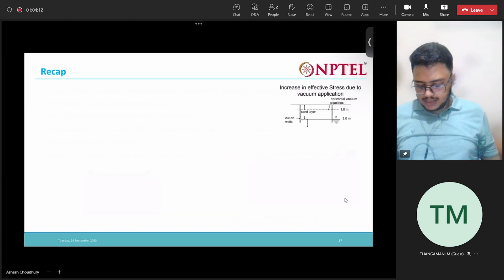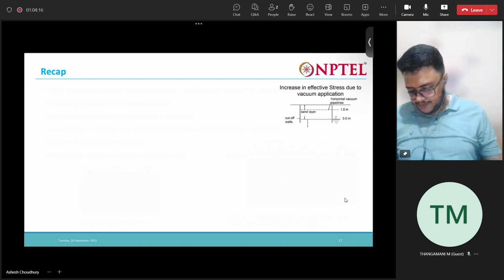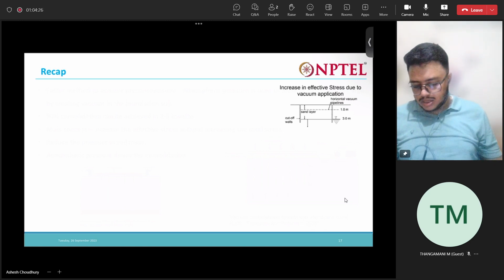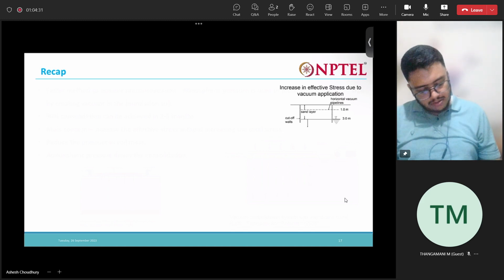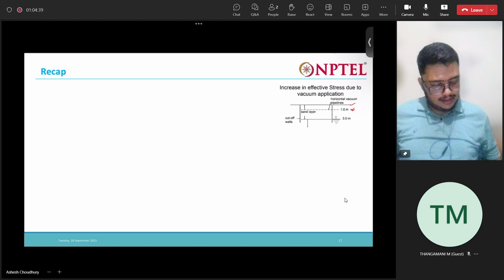Now, as I said, let us see how this increase in effective stress actually happens. Say we have it like this. Say this solid line is the ground level, and at 1 meter you have this drainage line.